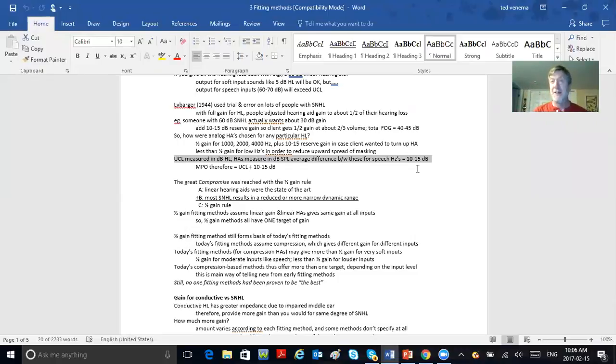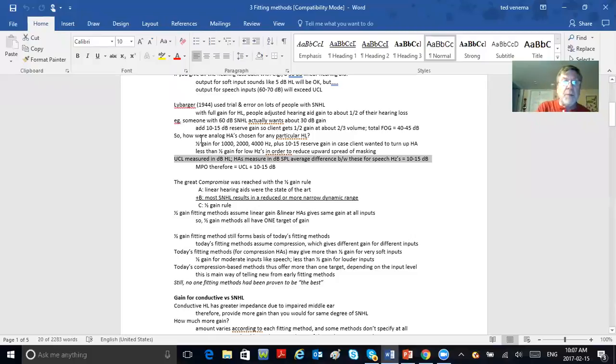That's why, okay? You never just set the MPO according to the guy's UCL. It's too low. You want to set the MPO of a guy's hearing aid a little bit higher than his UCL. You measured his UCL under headphones in dBHL. Hearing aids are read in dBSPL.